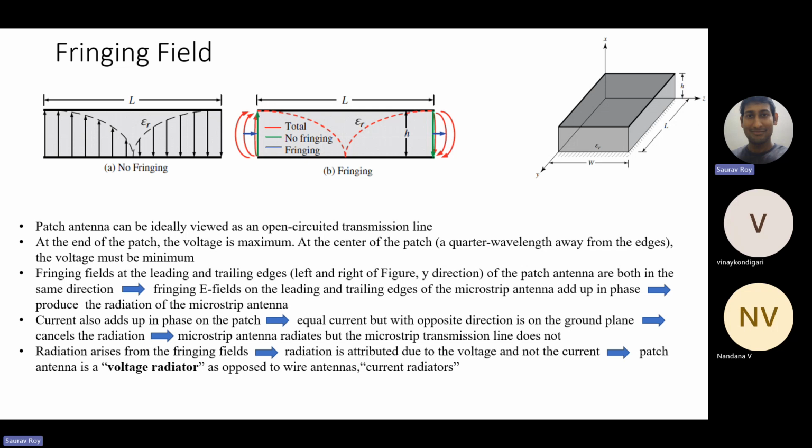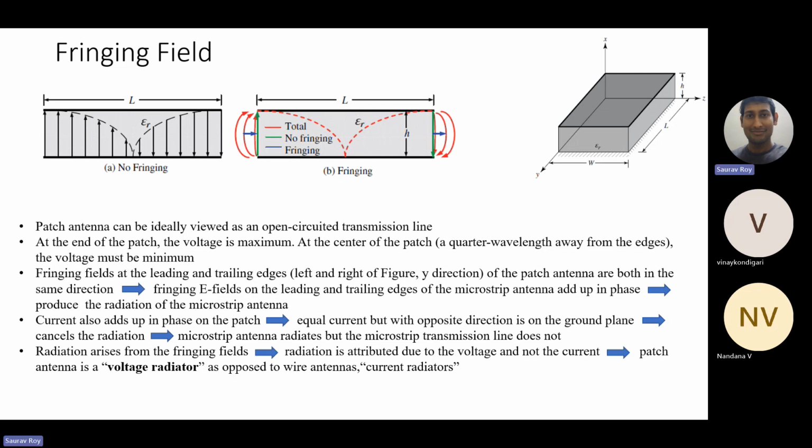But here, we excite the field, or we design the patch antenna, such that this fringing will happen, and ultimately the voltage configuration at the two sides adds up in phase and they radiate. So this happens because of the voltage configuration, not the current configuration.